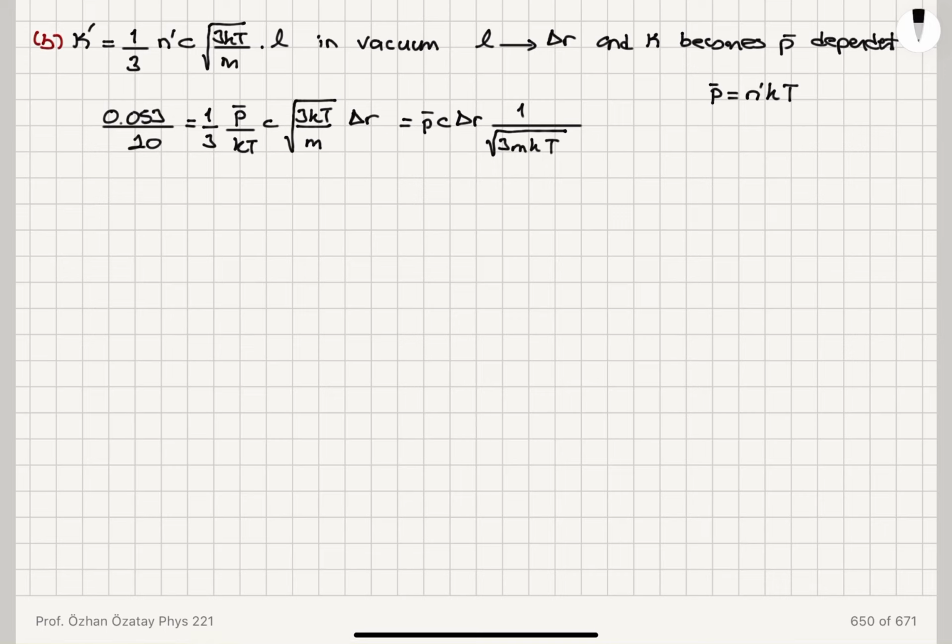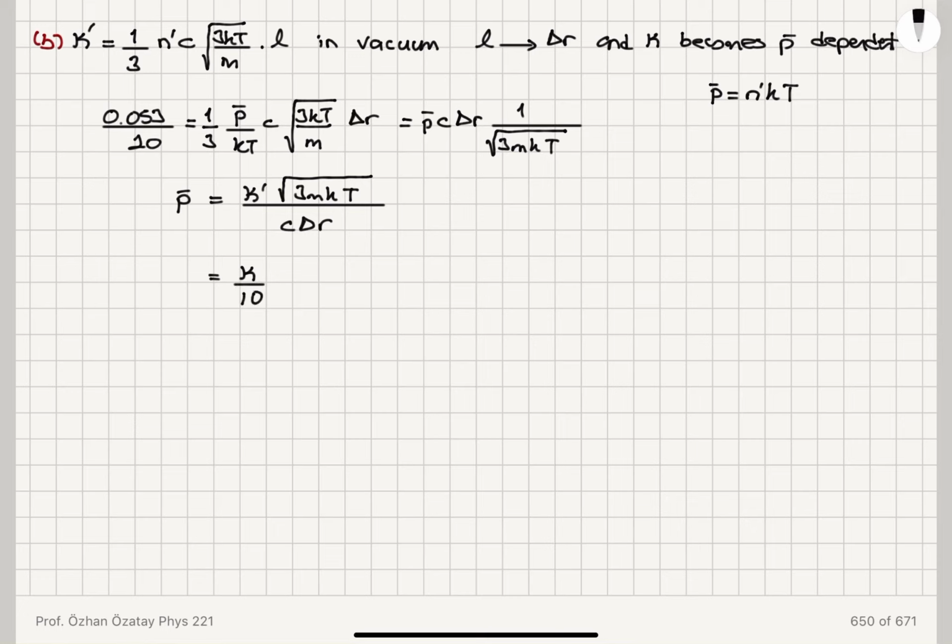So we will be left with square root kT at the bottom, and this will be going inside as 9. So we will obtain square root 3 here as well. So what will be this pressure, P bar? It will be the new thermal conductivity, square root 3 mkT, divided by c delta R. And we have kappa divided by 10, our new thermal conductivity.